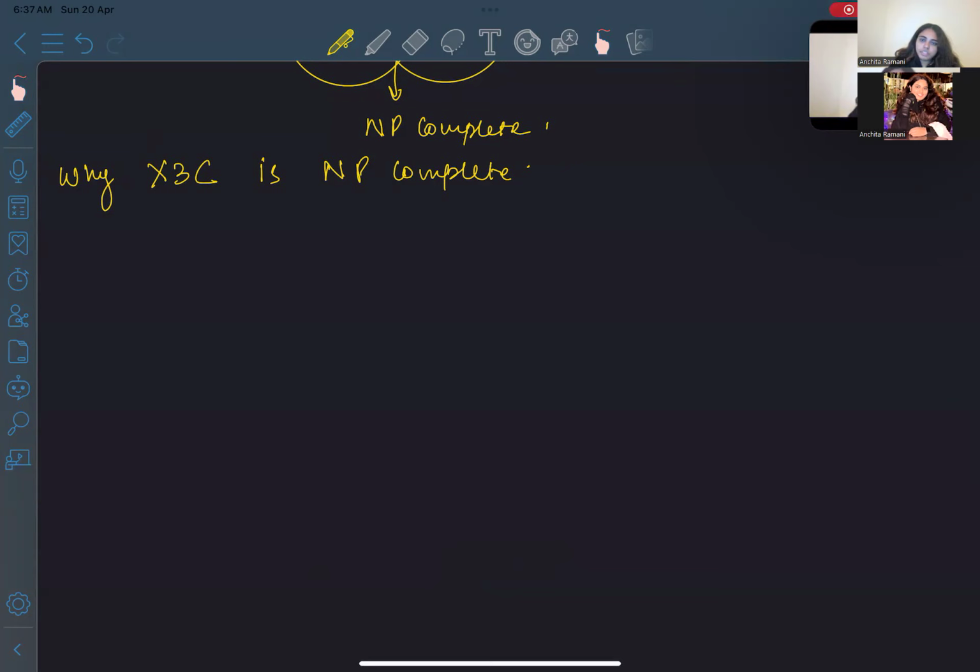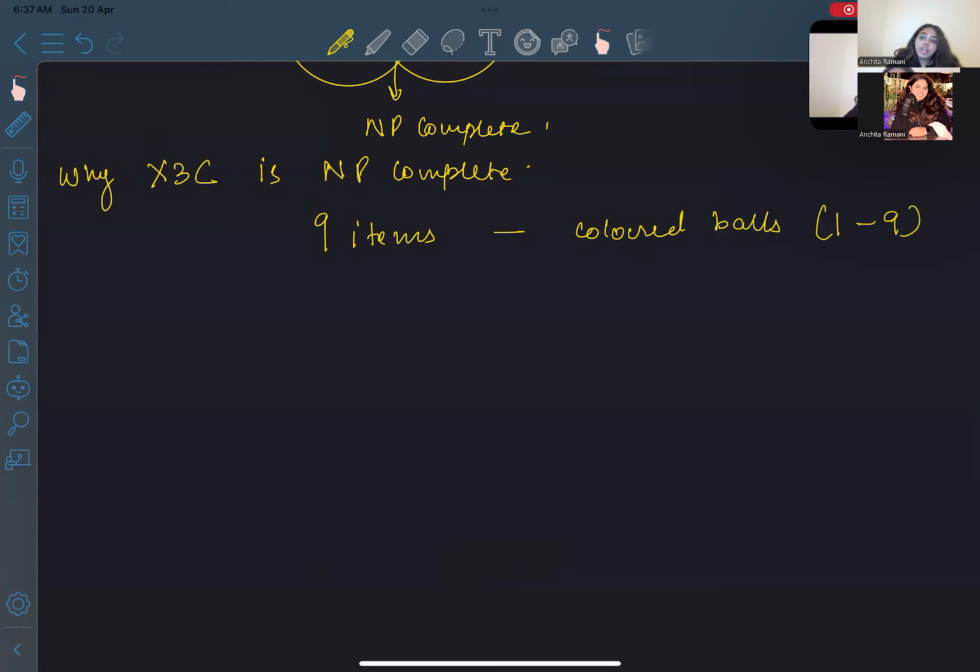Let's start with what the problem is all about. Imagine you have 9 items. It can be anything, let's say colored balls, numbered from 1 to 9.